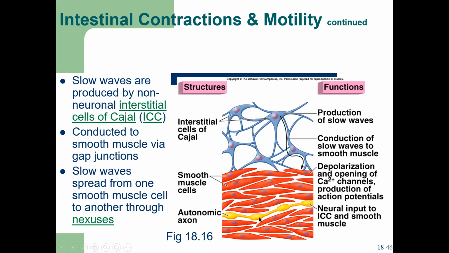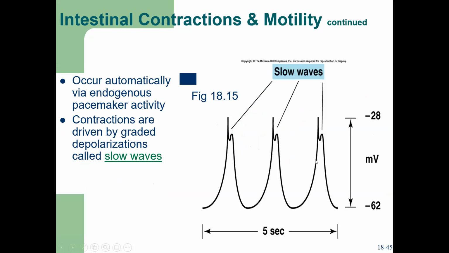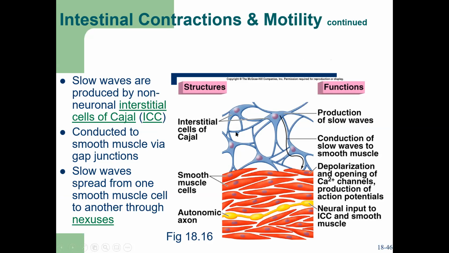They will release neurotransmitters en passant, and that will bring these depolarizations up to threshold, causing peristalsis. So the tonic contractions are intrinsic. Phasic contractions necessary for peristalsis require the tonic plus the extrinsic input from the autonomic nervous system.